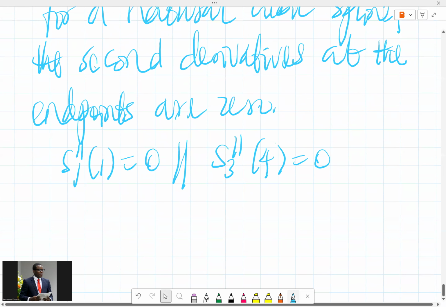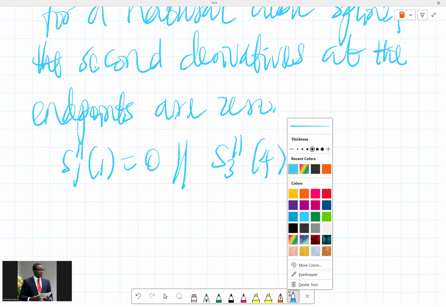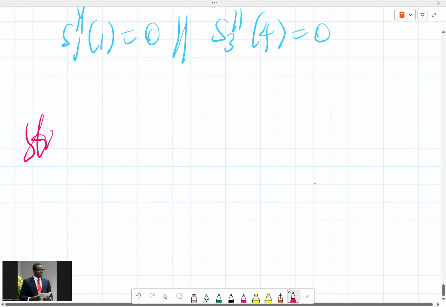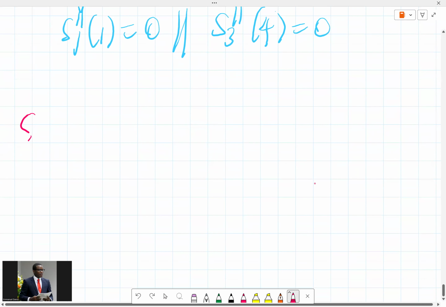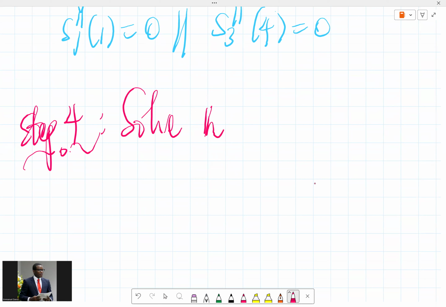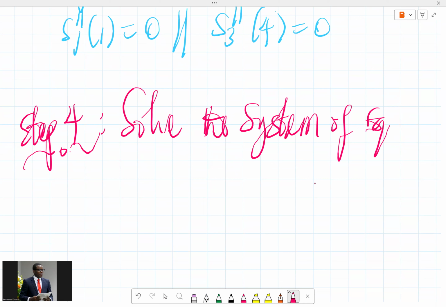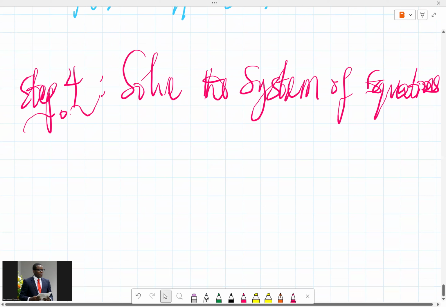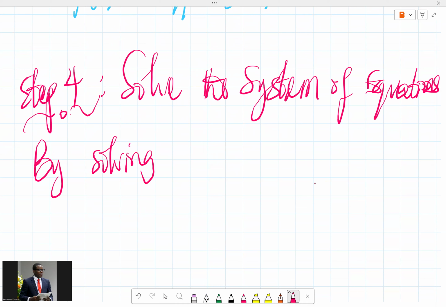Now let's talk about step 4. At step 4, we solve the system of equations. So we have set up all the equations, so we just solve the system of equations. It's a tedious thing, so I won't bother. After all this explanation, we'll just implement it with Python to see the beauty of all the stories we've been telling. So basically now, we want to solve the system to get all the coefficients we had up there.